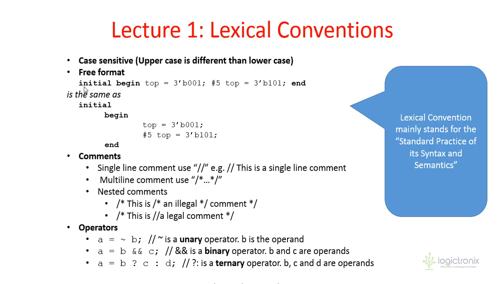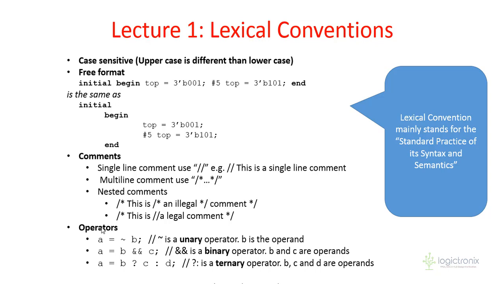We can write most things in a single line with statements and end of statements, or we can use separate lines for structure and better understanding. Another thing is comments. Comments are like in the C programming language: we can use double slash, or slash asterisk and asterisk slash. Slash asterisk is for starting and asterisk slash is for ending.